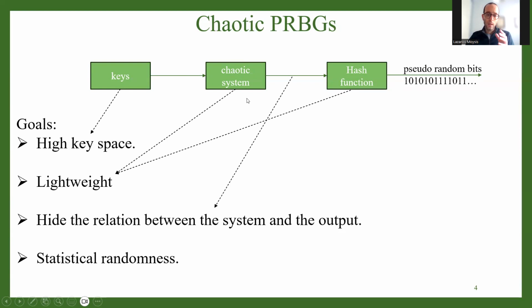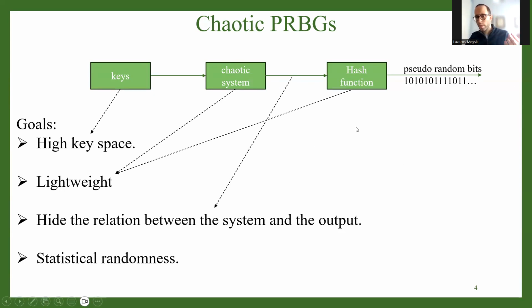So ideally, the hash function should hide the relation between the chaotic system and the output bits. So this transition from the time series to the bits should not be reversible. So this hash function should be somewhat non-linear and complex enough, in addition to being lightweight to some extent.